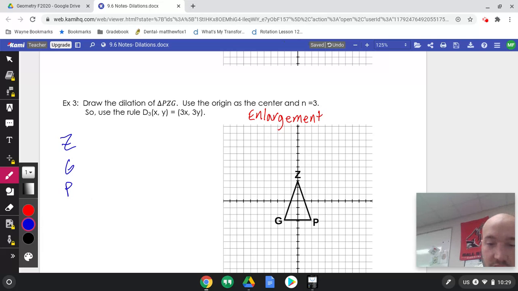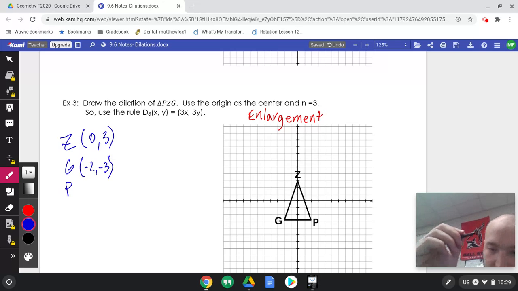Z is at, let's see, it looks like 0, 3. G is at negative 2, negative 3. And P is at 2, negative 3.